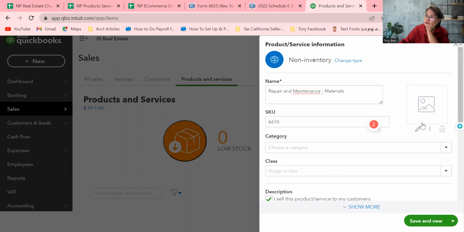Save it. Repair and maintenance materials.